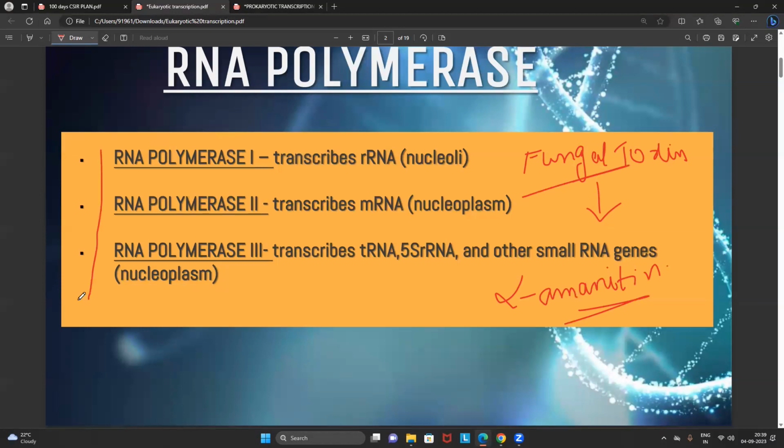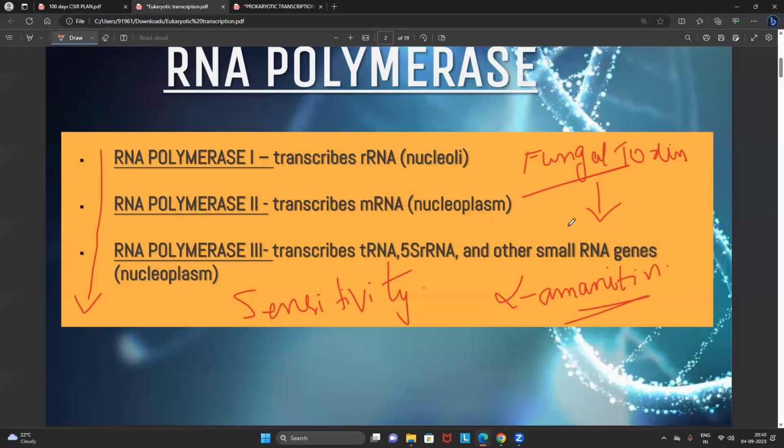Arrange the following RNA polymerases according to the sensitivity towards alpha amanitin. Either in ascending order they can ask, or in descending order also they can ask. No need to get confused with that particular point.